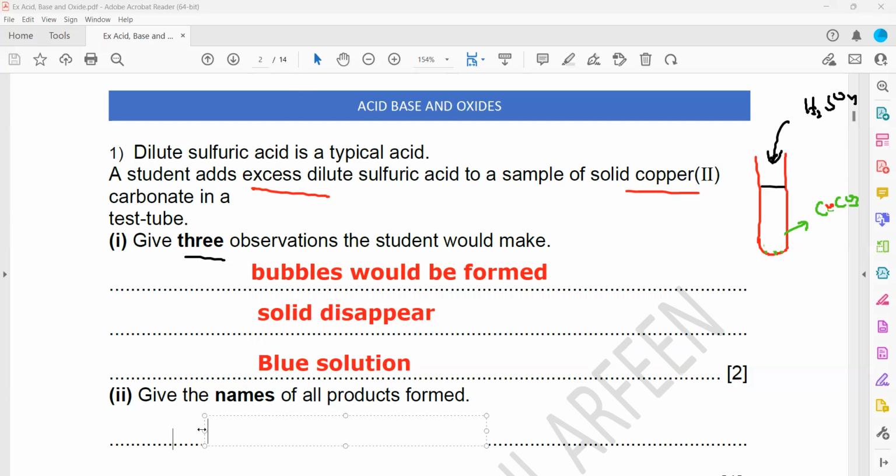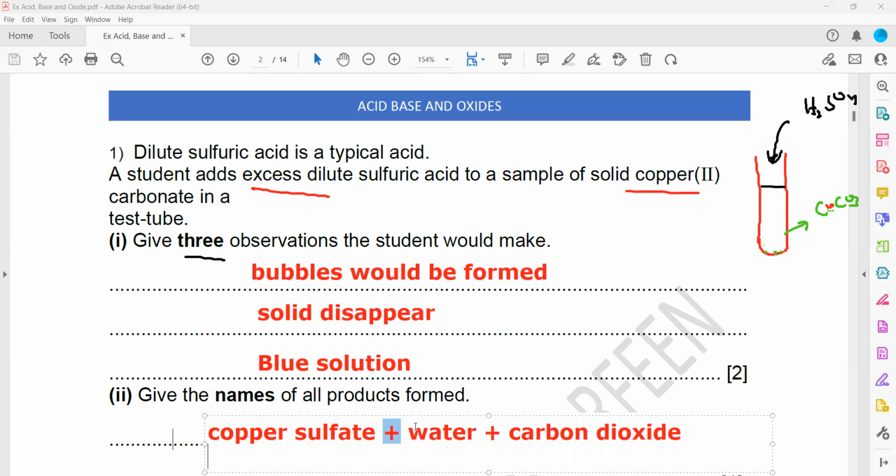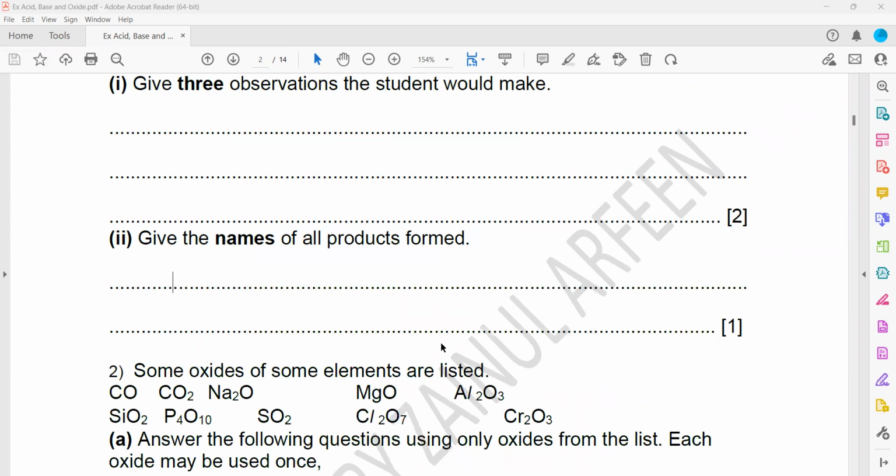So copper sulfate will be there, there will be water, and there will be carbon dioxide. So these are the three products which are formed. Sulfate, you can write PH or F, both are acceptable.